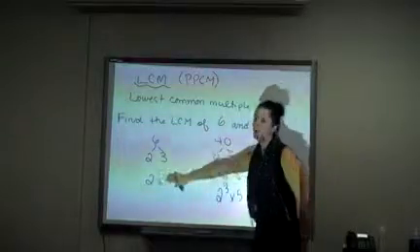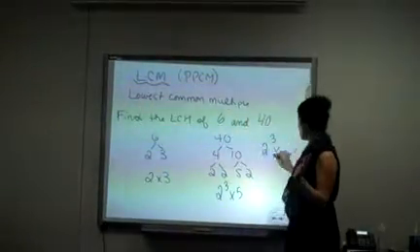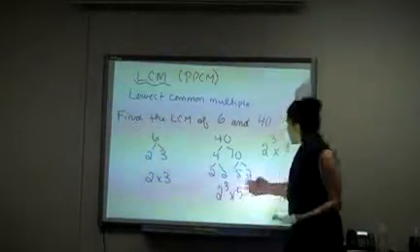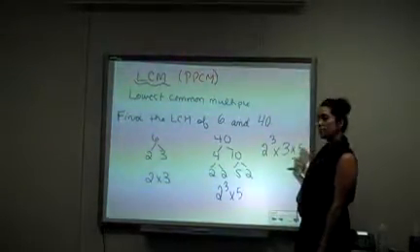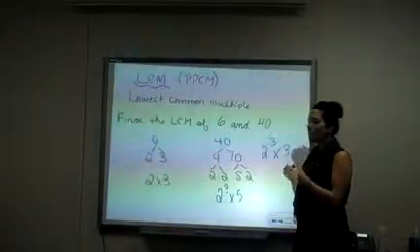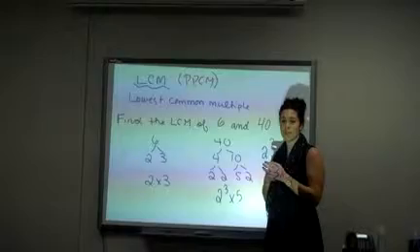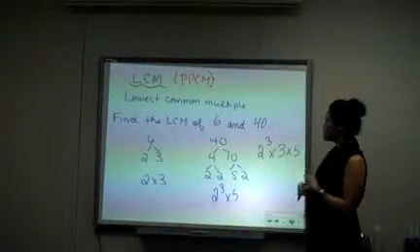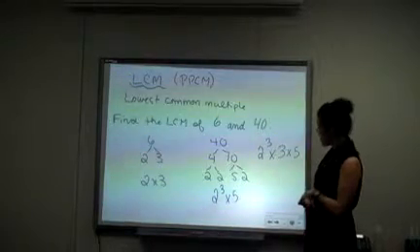Well, I only have the 1 3, and so I need to multiply that to get my answer. And same with the 5. I have the 5, so times 5. Okay? So the only one, basically, that I need to pair up is the 2. That's the only one that's common between the two, and I need to look at the biggest exponent. So I did pick 2 to the power of 3, and this would be my lowest common multiple.